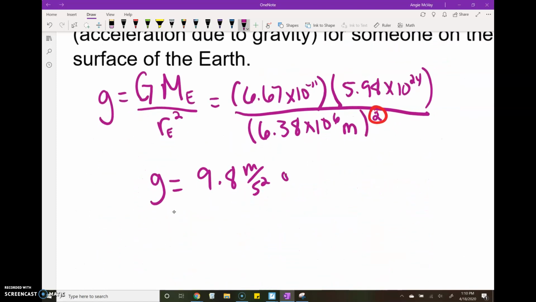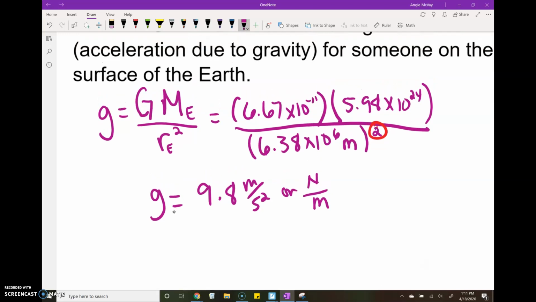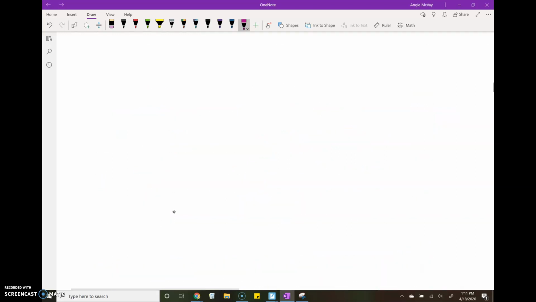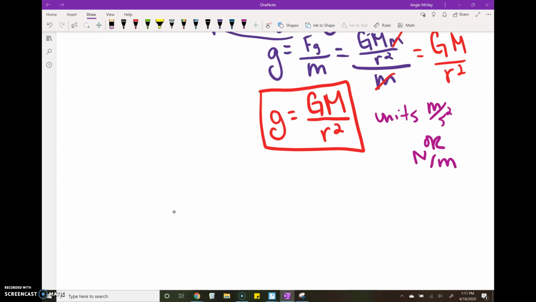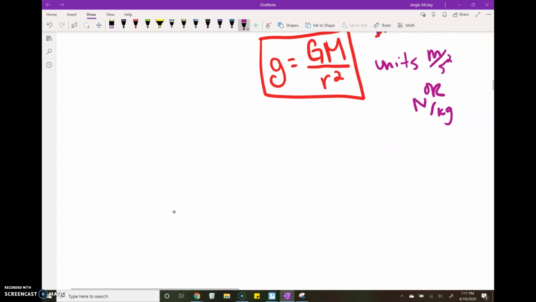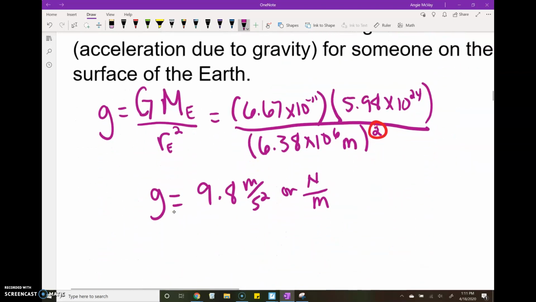So the gravitational field strength doesn't only tell how fast something is speeding up, how much it is speeding up every second, but it tells us how much force is being exerted, or sorry, newtons, nuts. Erase. Force per mass is in kilograms. Good thing I caught that, you guys. That would have been bad.